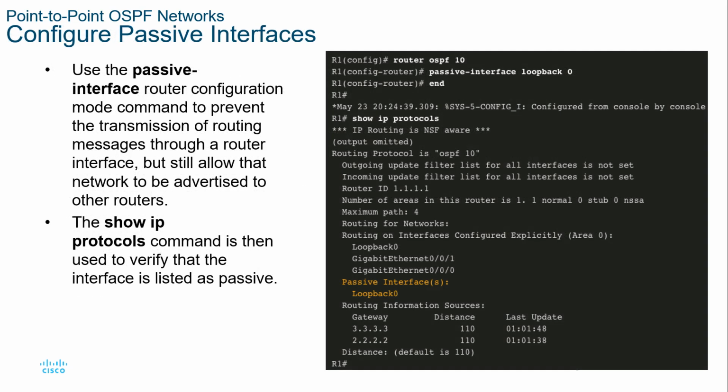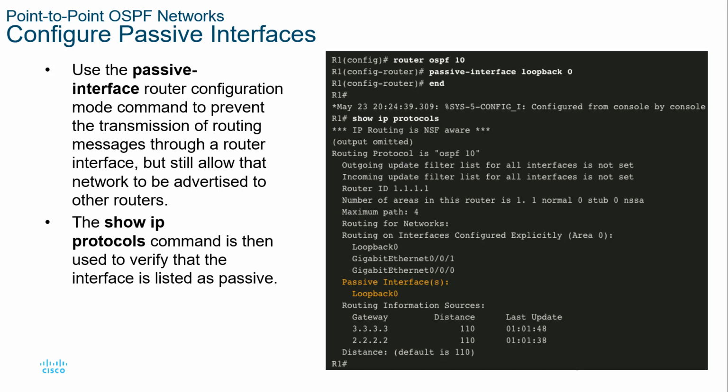So how we do that is basically say passive-interface, and you give it whatever interface you do not want to send updates to. Normally you do not want to update the loopback, and you do not want to update the LAN addresses. You can now verify by doing a show ip protocols command to verify which interfaces are passive.